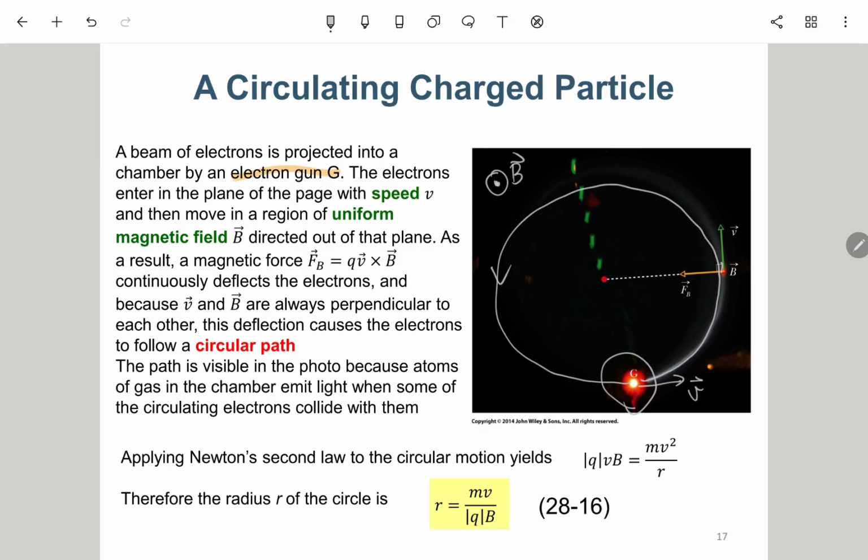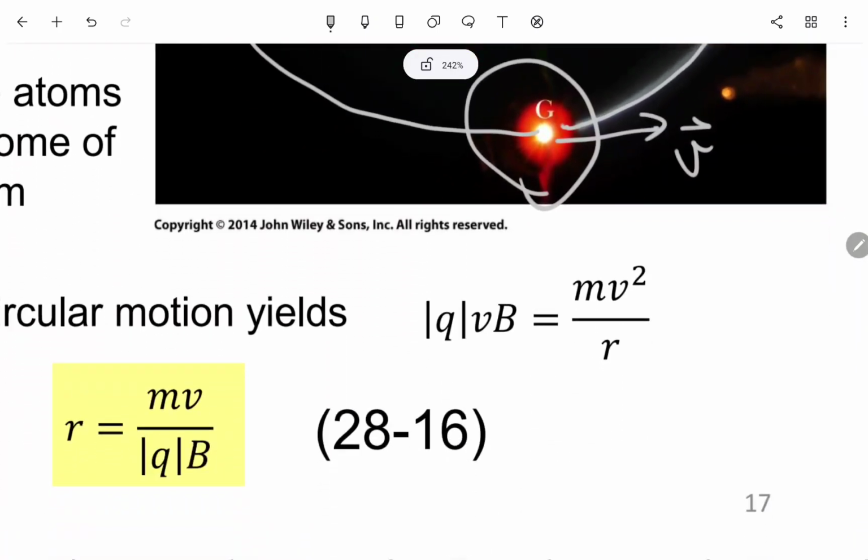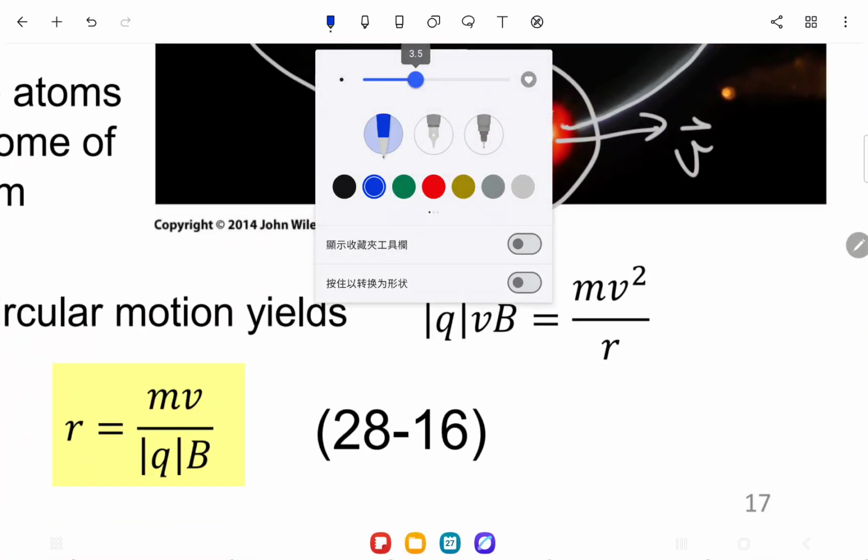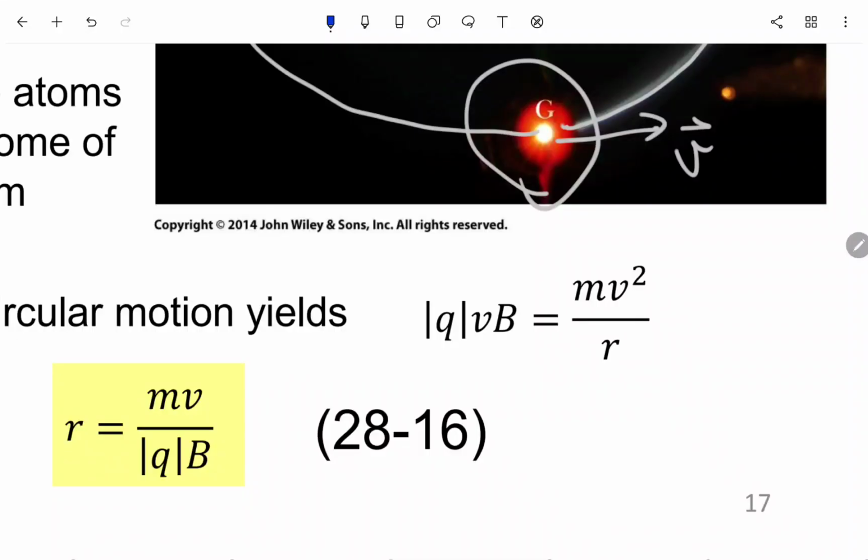Here we apply Newton's second law to the circular motion, using qvB. When you learned mechanics, this is the force F equals qvB. We assume v and B are perpendicular to each other.